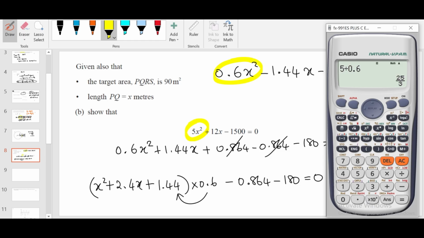If you multiply everything by 25/3, let's see what will happen. If we multiply 1.44 by 25 over 3, we got 12. What if we multiply the last term by 25 over 3?